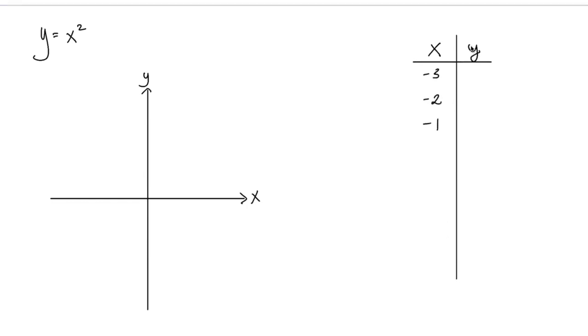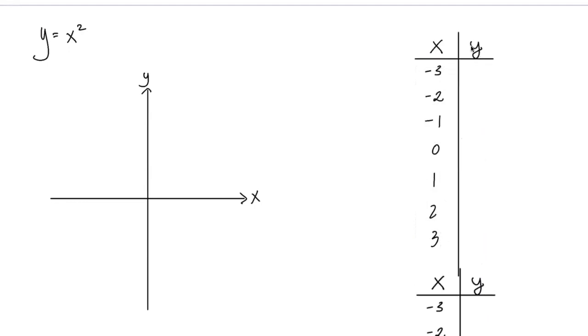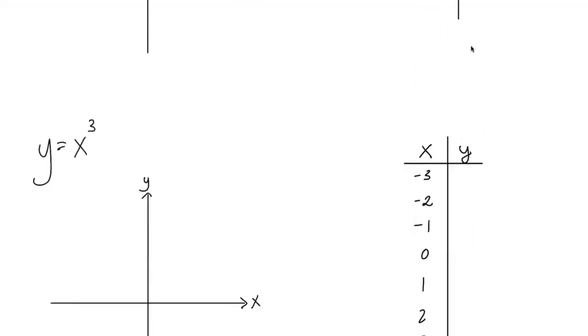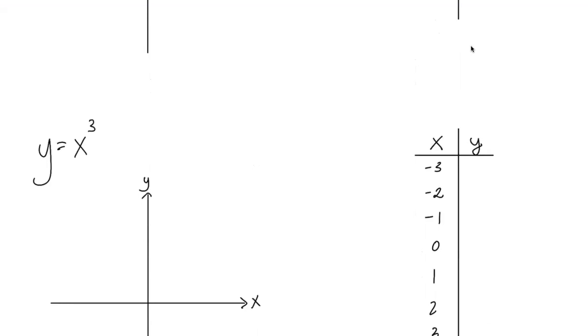Let's start from -3, and then go to 0, and then 1, 2, and 3. And you will go ahead and get the y value based on the equation. And we will do the same thing for the bottom equation right here. All right, so that should be nice.